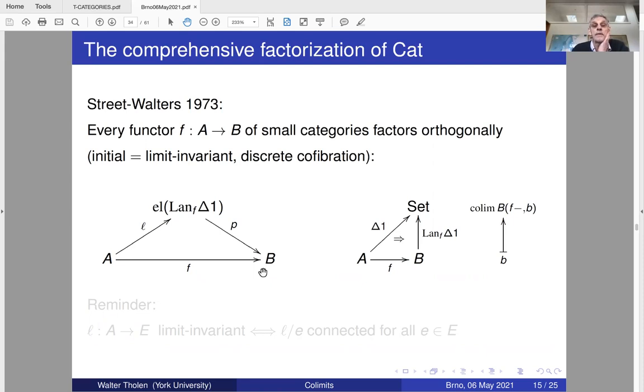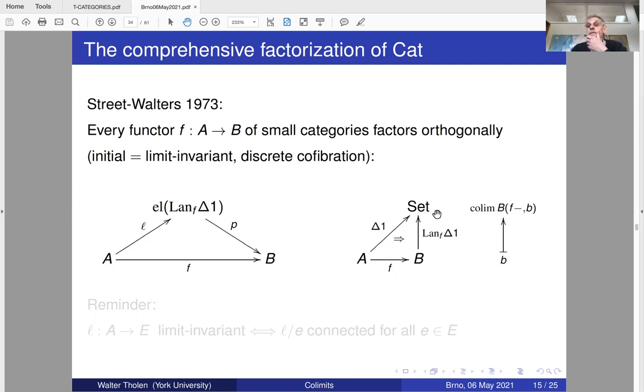and we want to factor it universally through a discrete cofibration. So what we do is we take the left Kan extension along F of the functor that has constant value the singleton set 1.